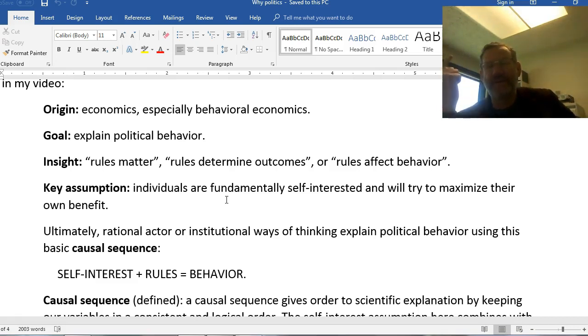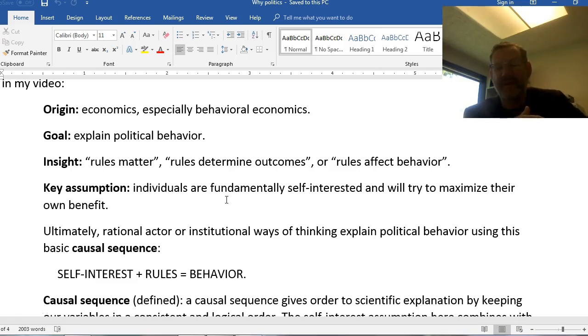The goal is to try to explain political behavior, so that is to explain what happens and why. And remember the basic insight, the small phrase that they use to explain what they're doing is rules matter, or rules determine outcome, or rules affect behavior. So we're appealing to institutional rules, rights, and responsibilities to explain how people behave.